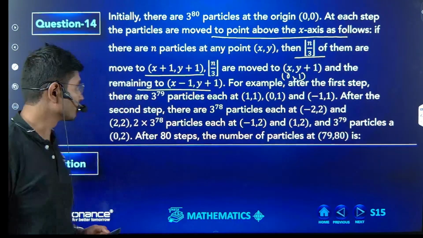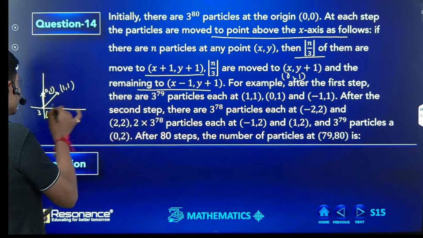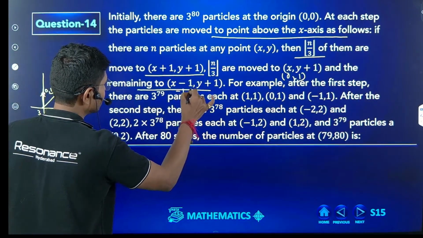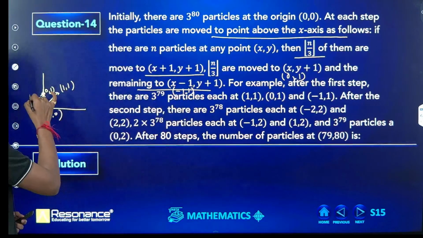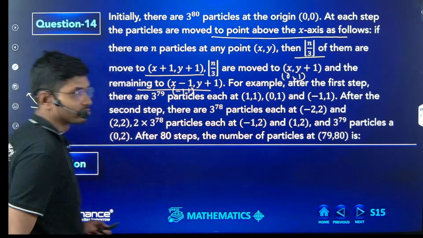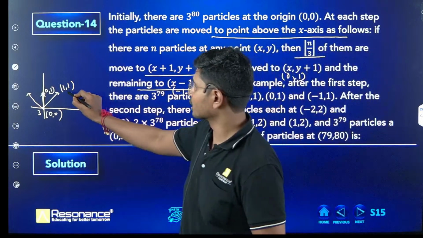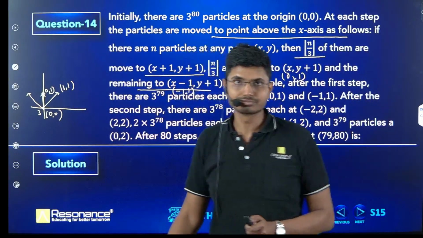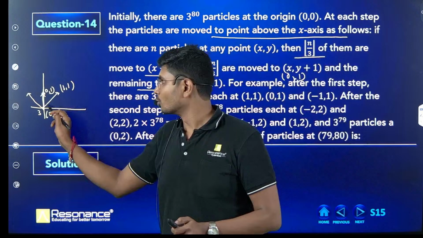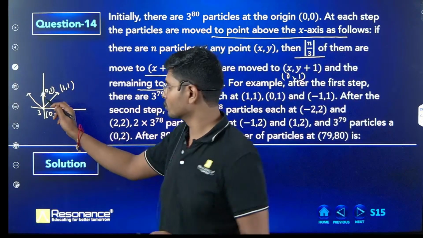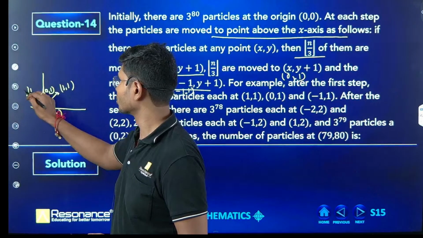That is 0 minus 1 is minus 1, 0 plus 1 is 1. So with 3 particles, one particle will come to 1, 1, one particle will come to 0, 1, and the remaining one will come to minus 1, 1.